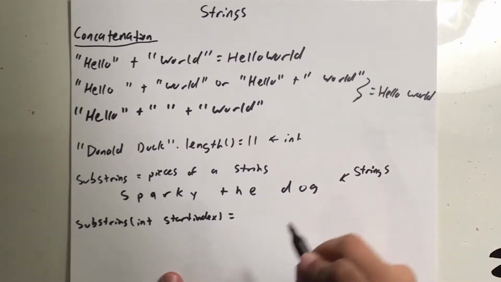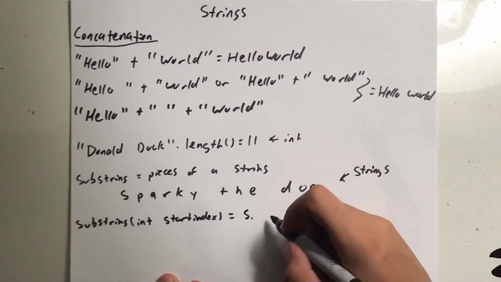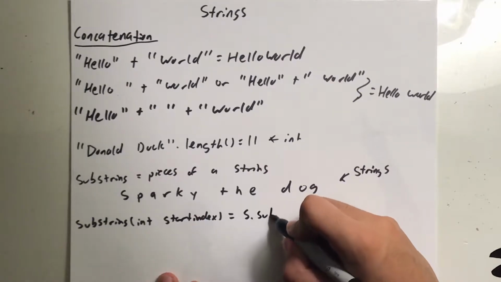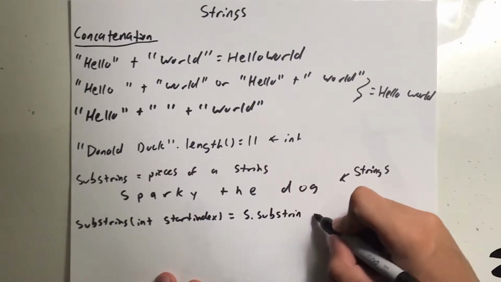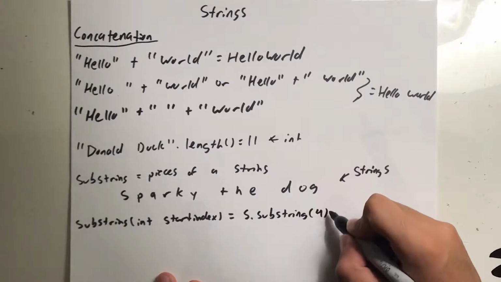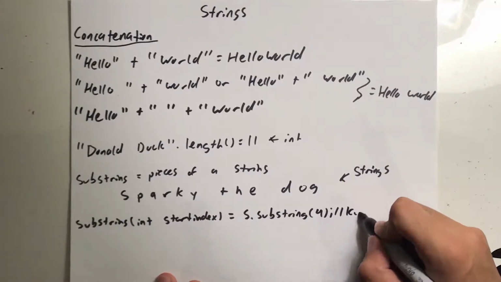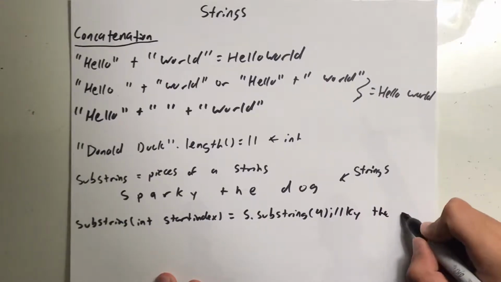Let's say we had s dot substring of 4. What's it going to print out? It's going to print out "ky the dog."